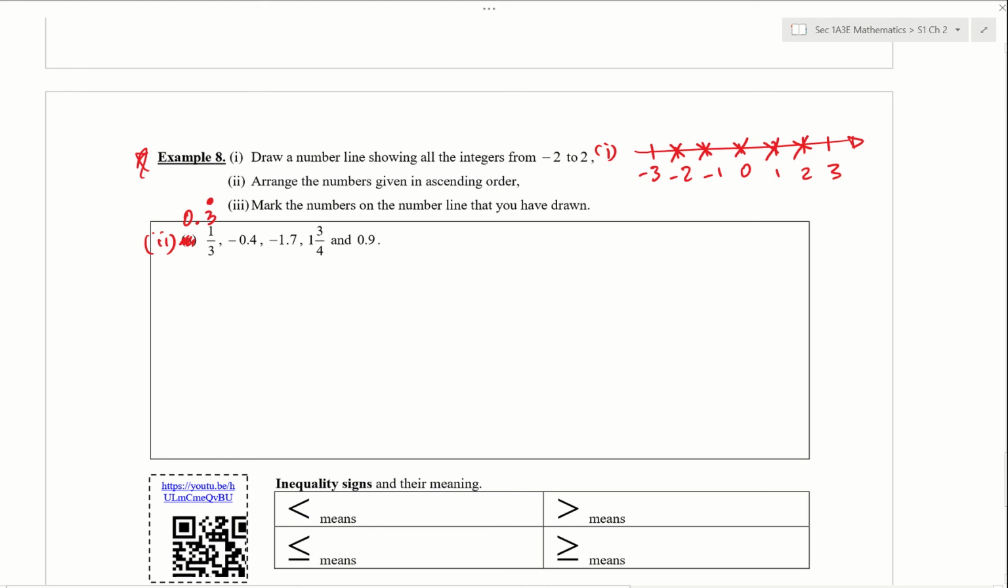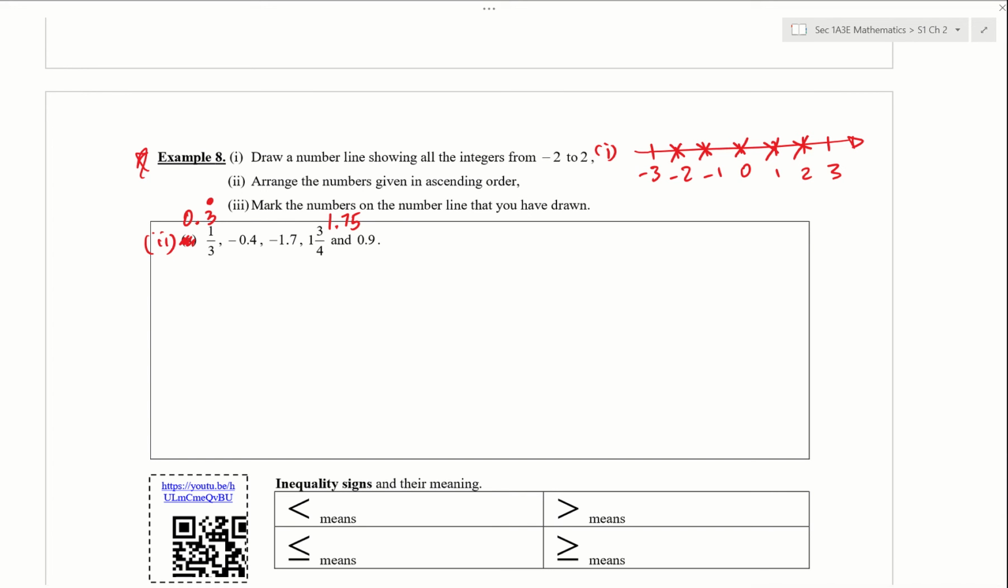Was this covered in the video? Yes, it was. Recurring. With a dot on top, it means 0.333333333 forever. This is negative 0.4, negative 1.7. This is 1.75. Okay, so these are the values.